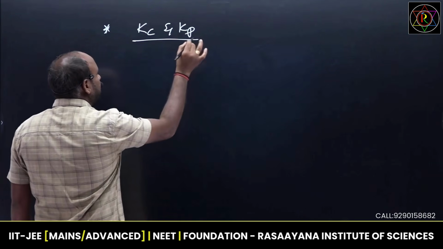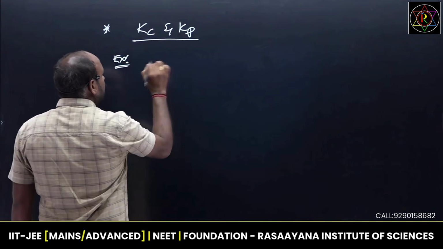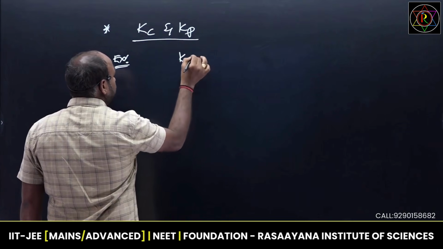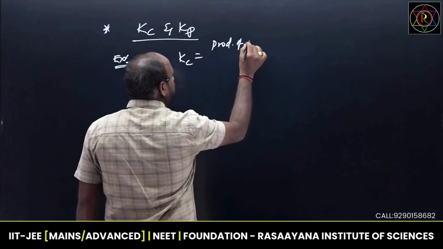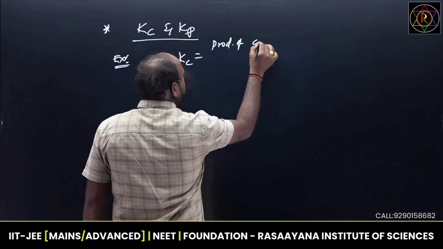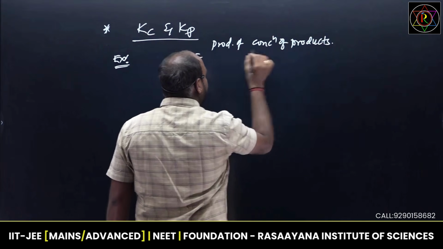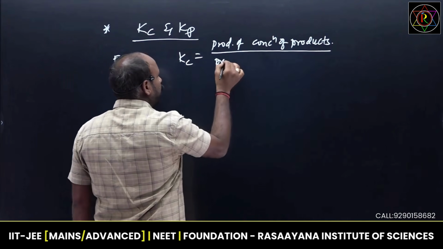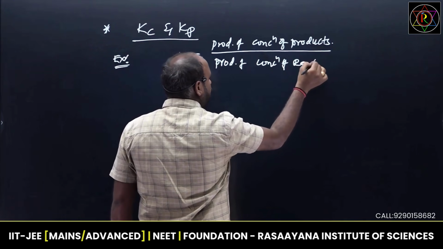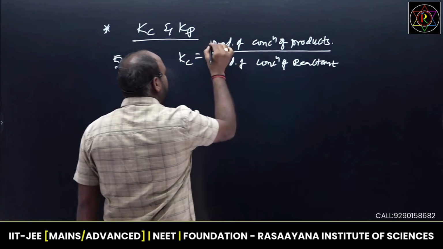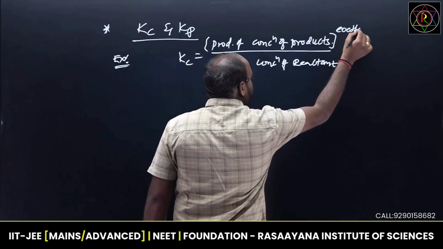So Kp and Kc are the equilibrium constants, right? By considering one example, the definition of Kc is the product of concentrations of products divided by the product of concentrations of reactants, whose coefficients are considered as powers.